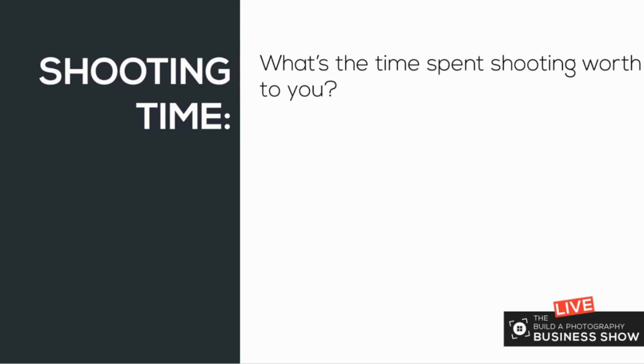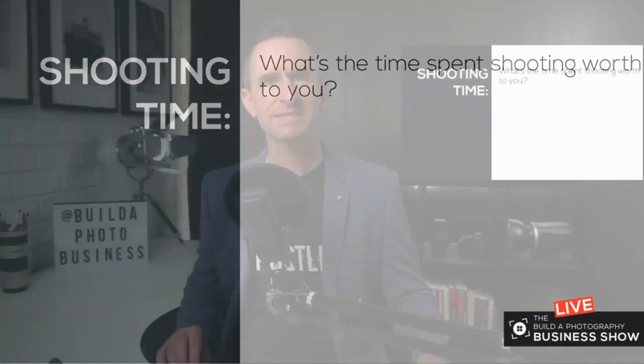The next element we need to calculate is your salary and what you want to be earning for your time spent shooting. So what's that time worth to you? Now, you don't want to add anything else to this. So we're only factoring in your time shooting, not your time doing other things, okay?